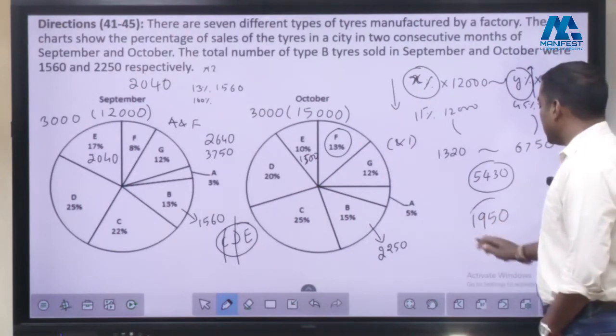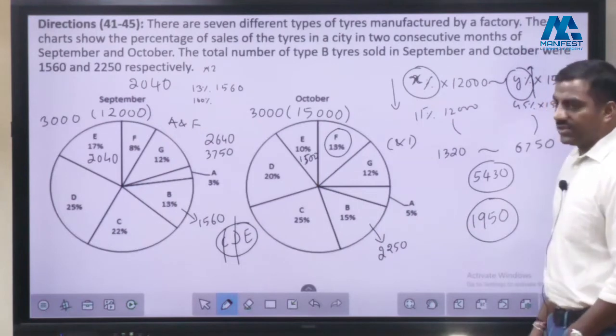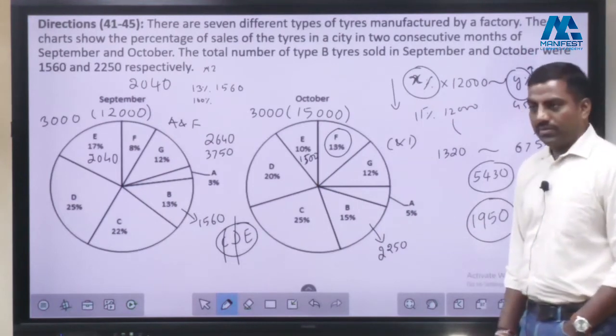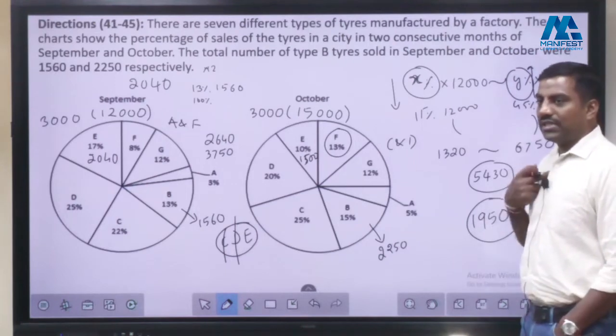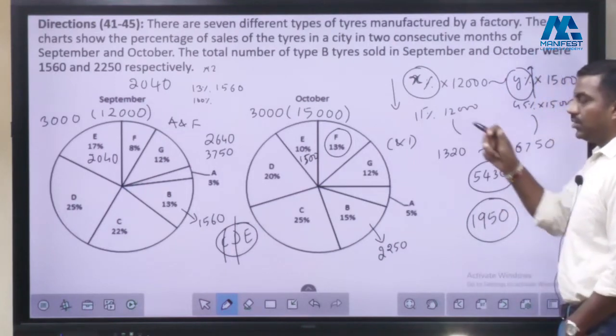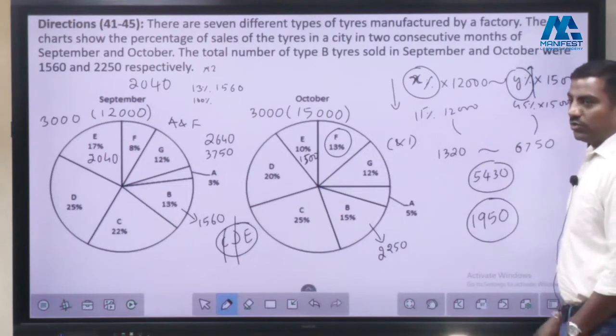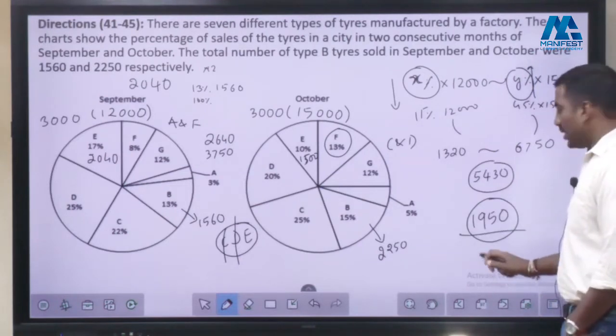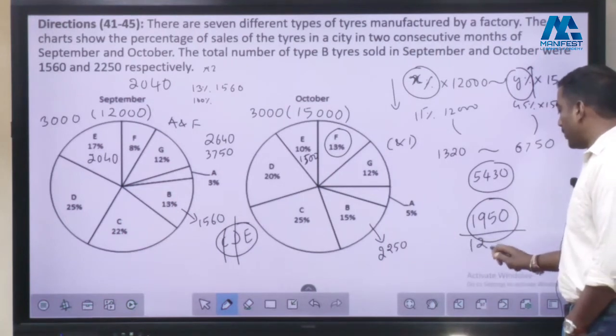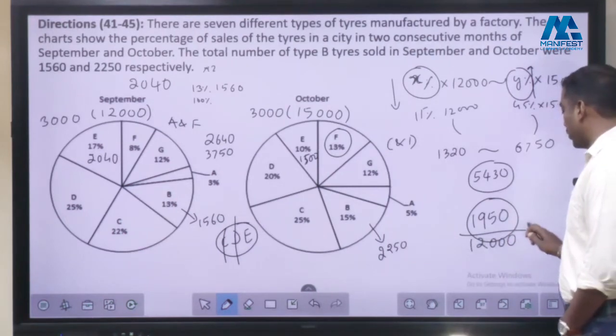This is the number of F tires sold in October. So to match other two types, in September there is 12,000, right? So 1950 is what percentage of 12,000? You have to find out.